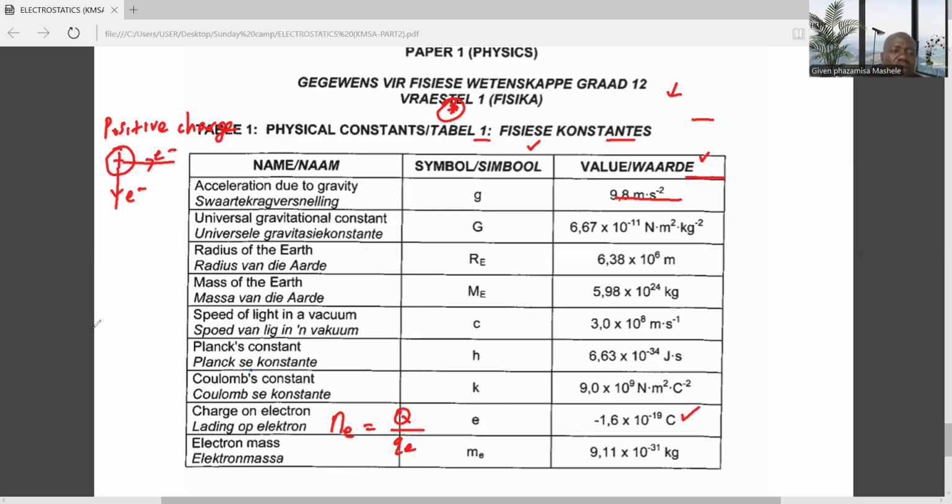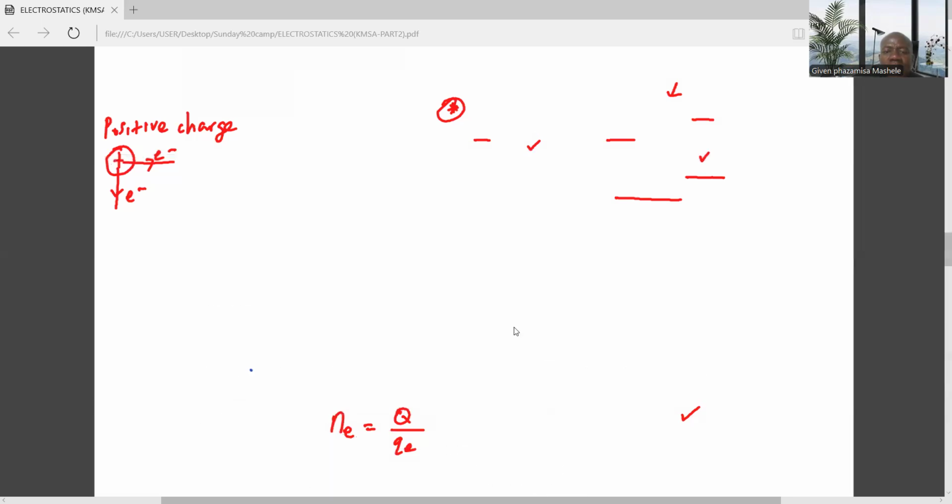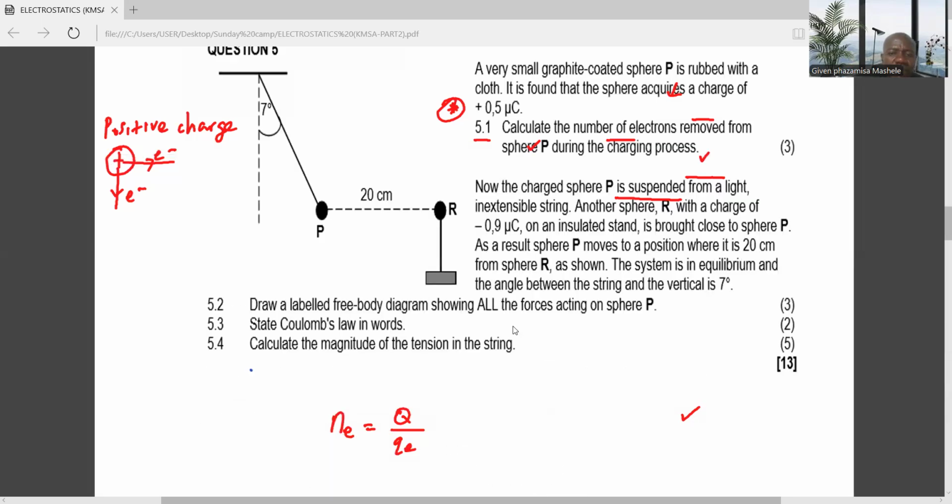So this is our charge of an electron, or elementary charge. Now we go back to our question. We want to know the number of electrons removed from sphere P during the charging process. We look at the charge that sphere P has acquired: 0.5 times 10 to the power minus 6.